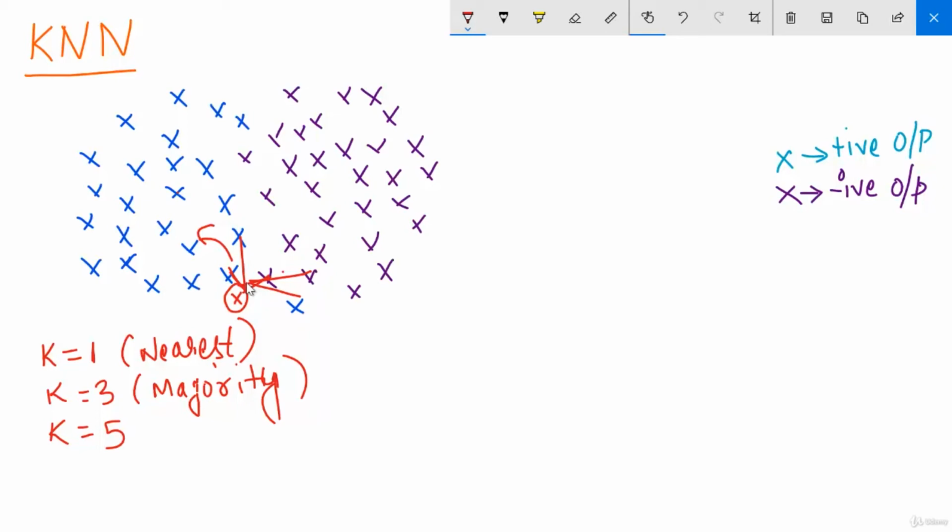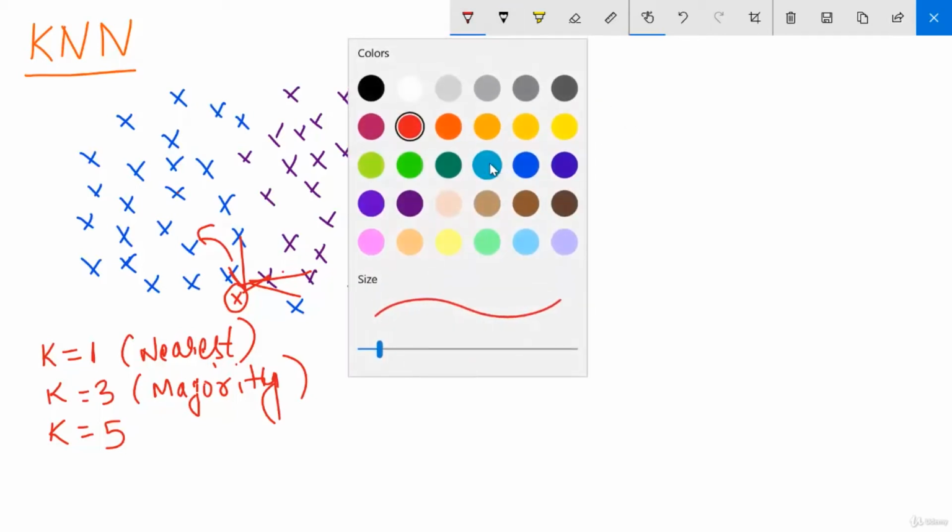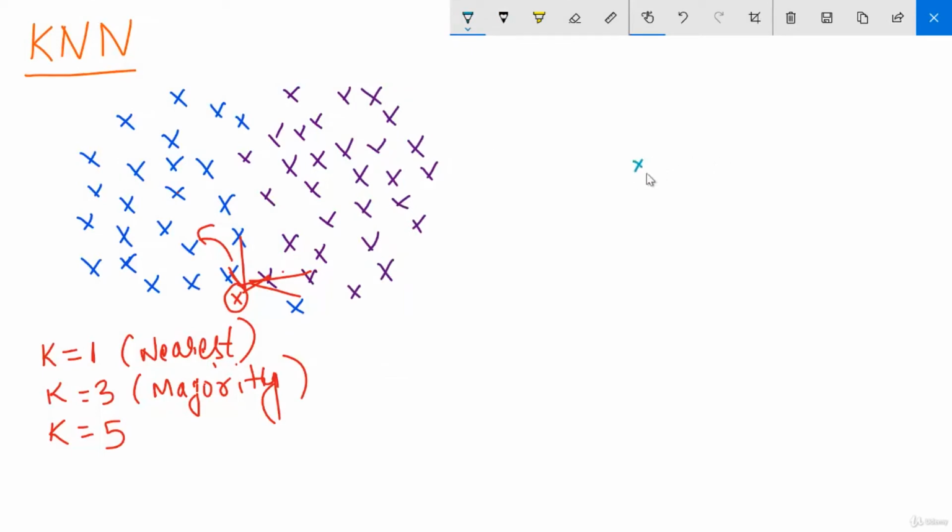Now let me give you another example. Let's say we have data points here.